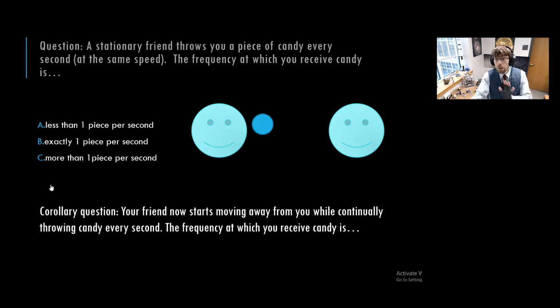Keep in mind, your friend is still emitting candy at once per second. The fact that they're moving backwards means that you receive candy less than 1 piece a second. And that effect is what we refer to as the Doppler effect.